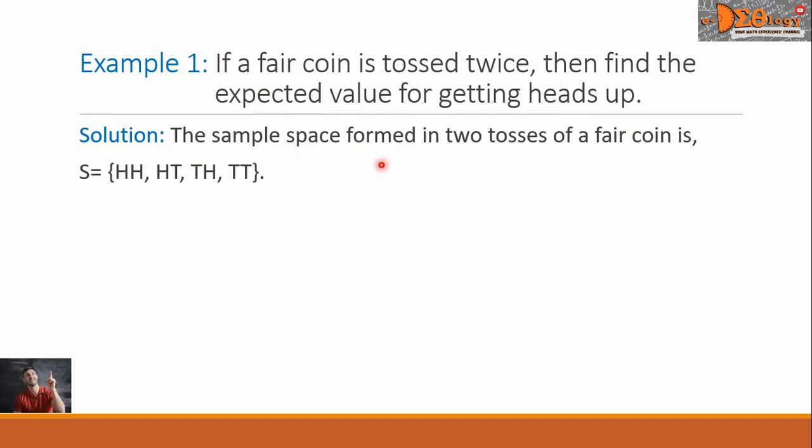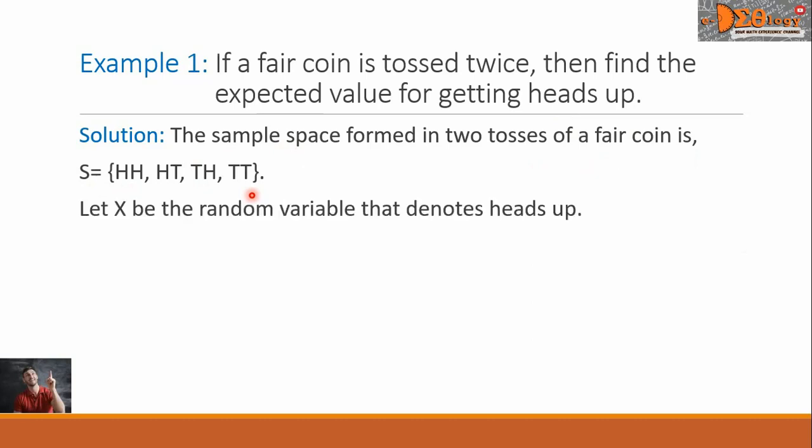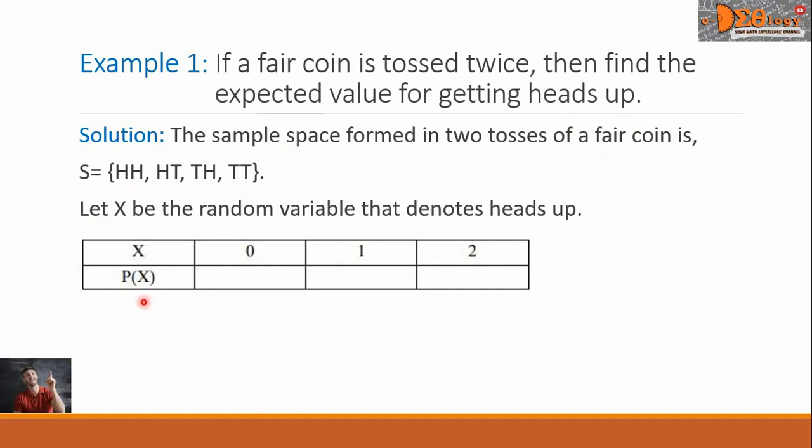The sample space formed in two tosses of a fair coin is S equals HH, HT, TH, and TT. Now, let capital X be the random variable that denotes heads up. Let us see our table here.